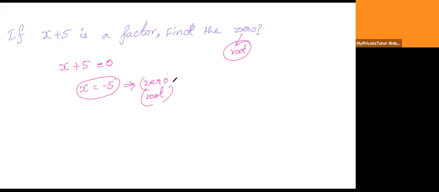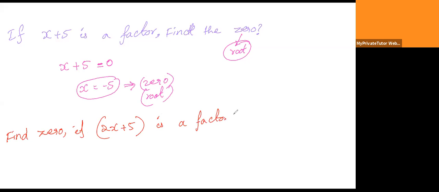Guys, understand? Not responding? Any questions? Anybody? Okay. So again, a similar question. Find the 0 when 2x plus 5 is a factor. What you will do is equate the factor to 0.